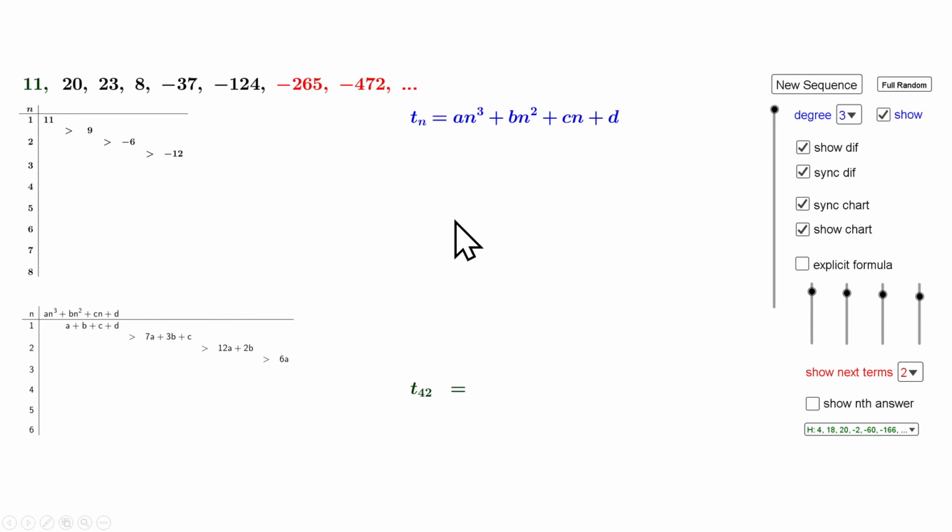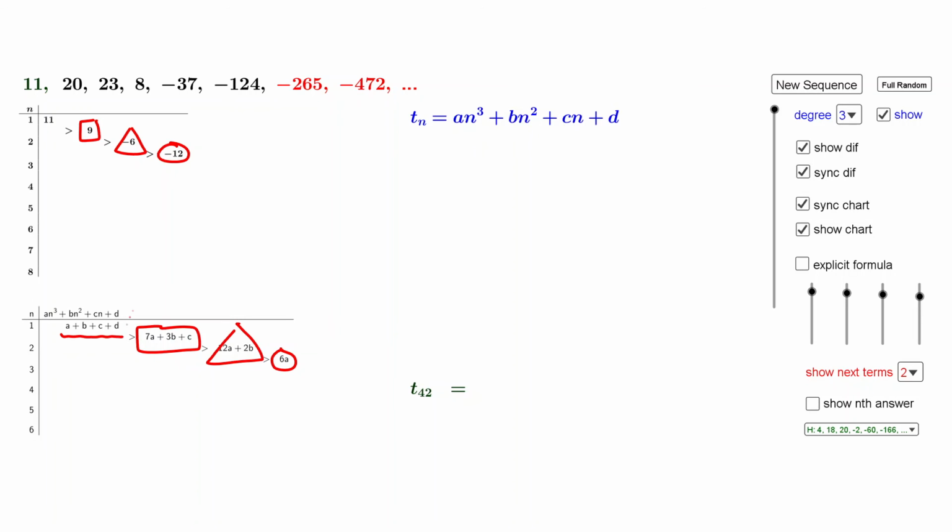But if I want the formula, I want to match up the pieces. Negative 12 goes to 6a. I'll figure out what a is. 12a plus 2b is going to go to negative 6. 7a plus 3b plus c is going to have to equal 9.